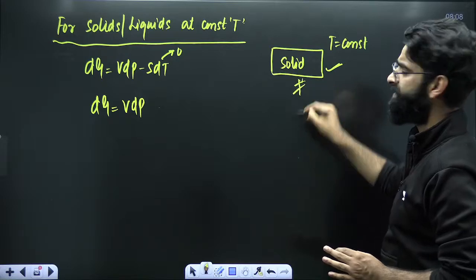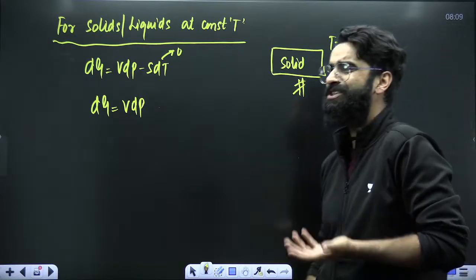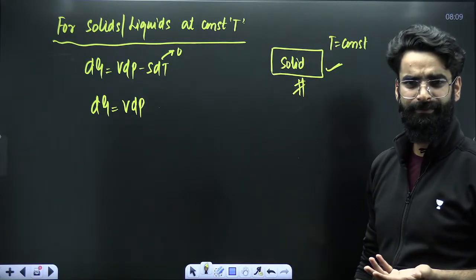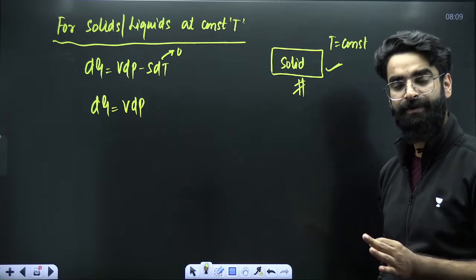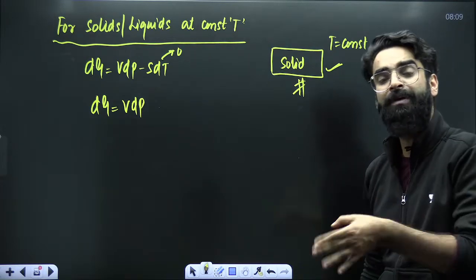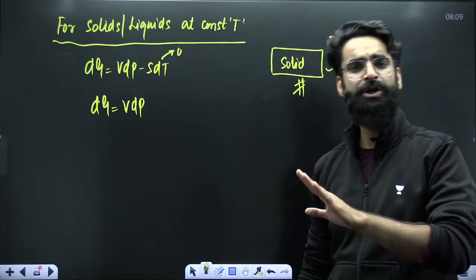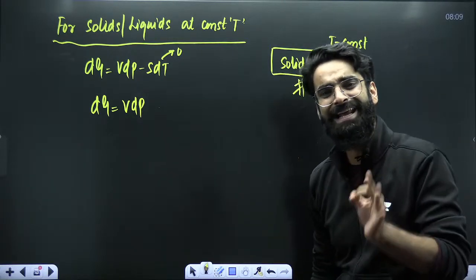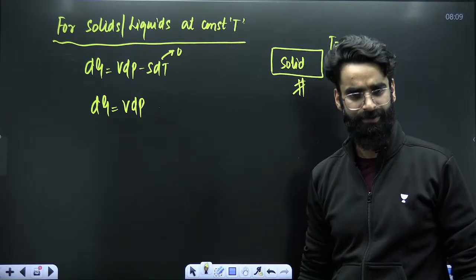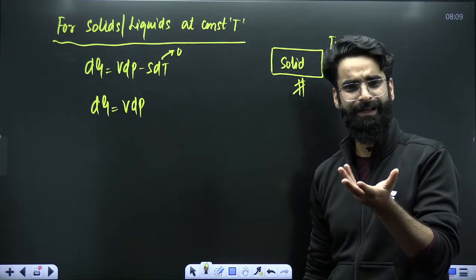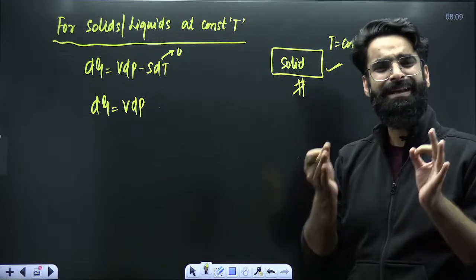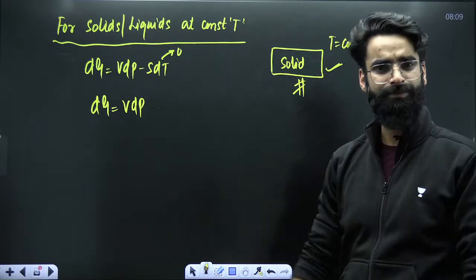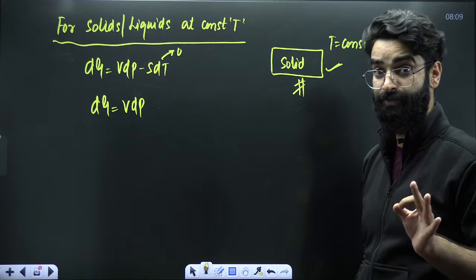Due to the change in pressure, the volume of the solid or liquid will not change significantly. If you have a solid or a liquid in a container and you change its pressure, there will be negligible change in its volume, right?